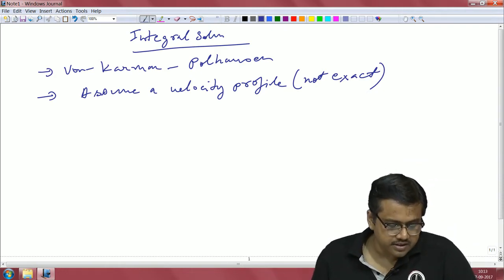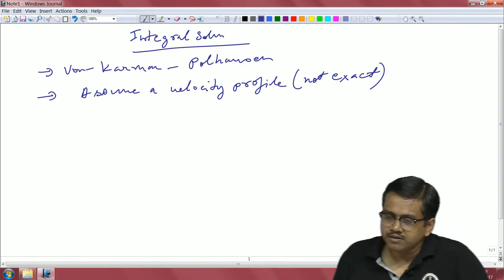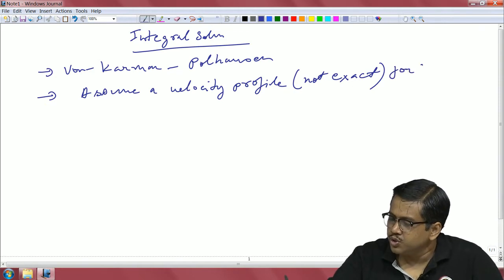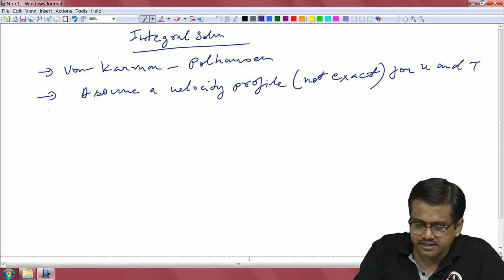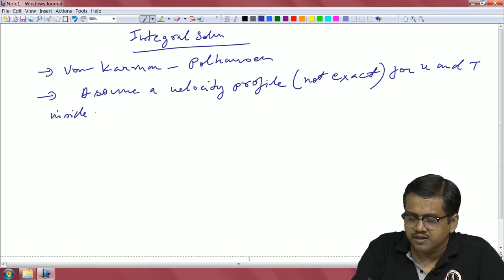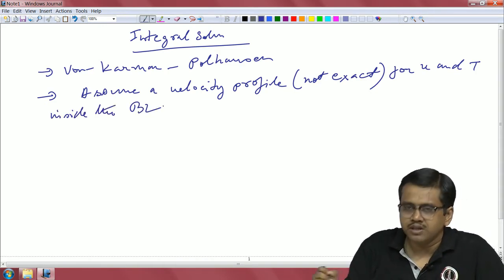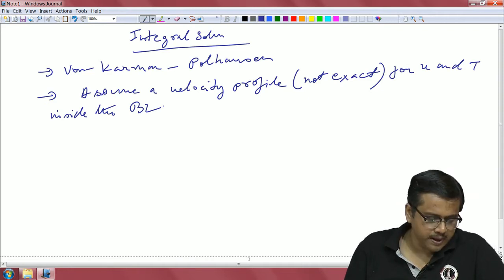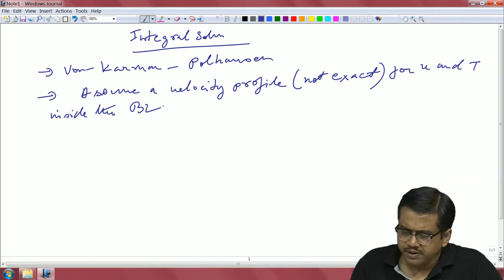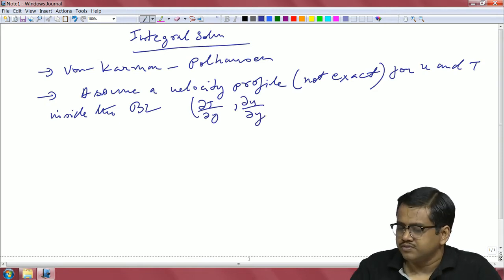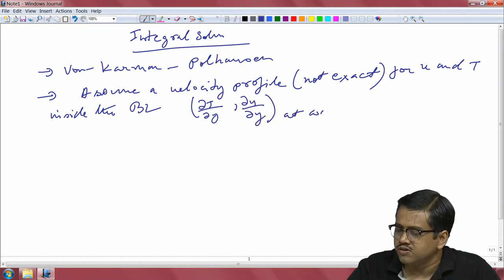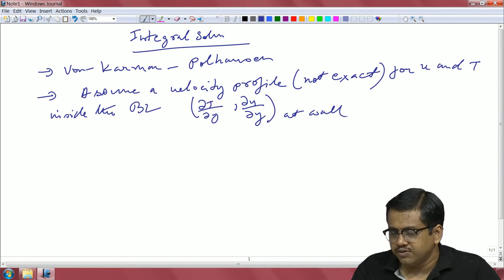So, assume a velocity profile for u and T basically, inside the boundary layer, thermal or otherwise. Because all we need to be concerned about are variables like these at the wall, that is our main concern.